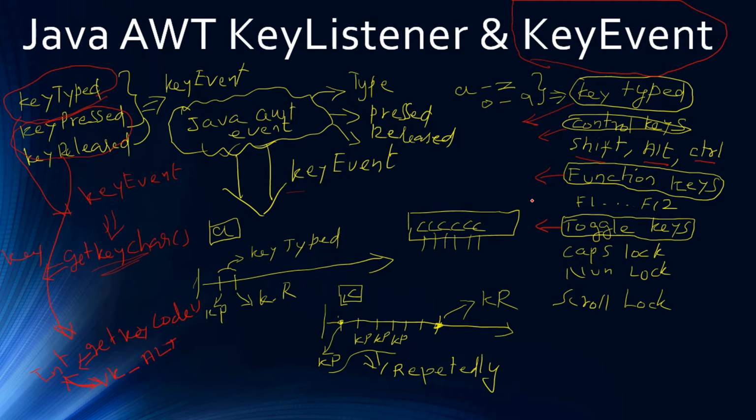Through IntelliSense you saw various other keys also. You just need to append VK underscore and then the key name if you want to handle it. In the example we used shift, Alt and control, and we used some Boolean variables to state that a specific key is pressed. Then in the key released we set the Boolean flag to false. Then in the mouse click event we know whether the click is happening with these control keys pressed or not. So that's the example we created in this demo.